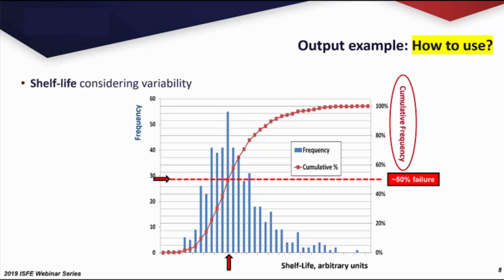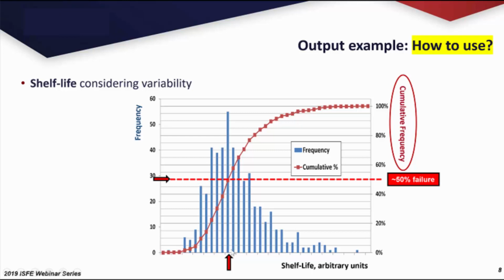Now, how do we use the output? As I said, what you're going to get out of the analysis using this probabilistic method is some kind of histogram of the output values. In this case, let's say this is shelf life, in arbitrary units, hours, days, whatever.